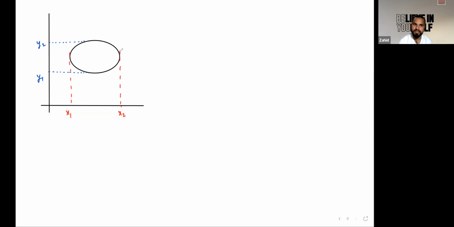So whenever you have any curved figure, whether it is a circle, ellipse, or any other, its area will be equal to pi r1 r2, where r1 is along the x-axis, so it will be x2 minus x1 over 2, and similarly r2 is equal to y2 minus y1 over 2. Is it clear? Yes, sir.